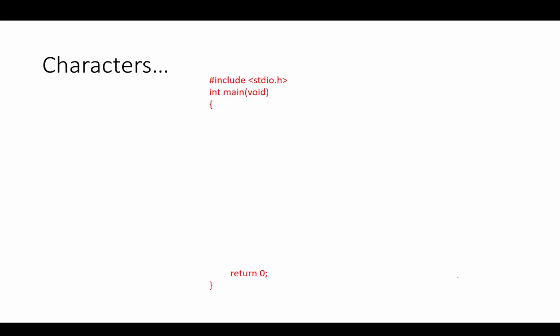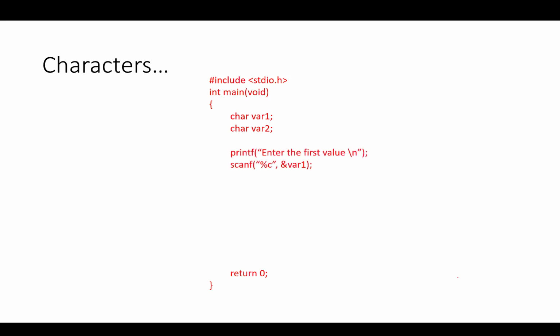Okay, so let's see now a program which is trying to scan a character and then print it. If you can see here, we start by just declaring 2 variables, and both of them are characters, var1 and var2.